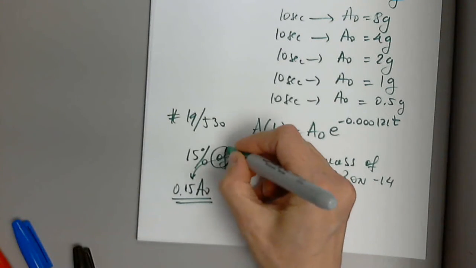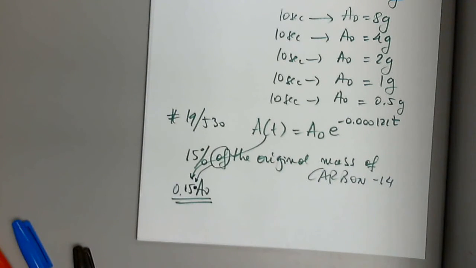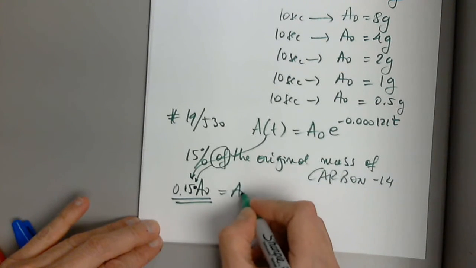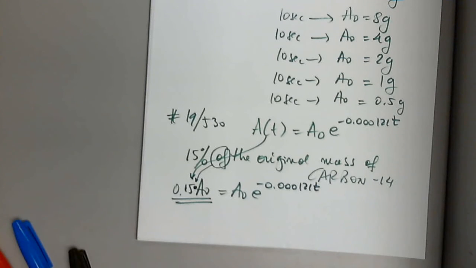Remember, the key word here is of, and it has to be multiplication. 0.15 of A0 equals A0 e to the negative 0.000121t. Of course, we do not have the original, and we don't care.